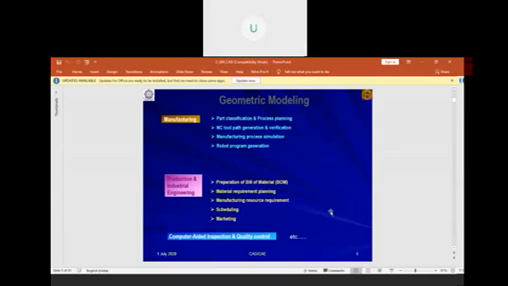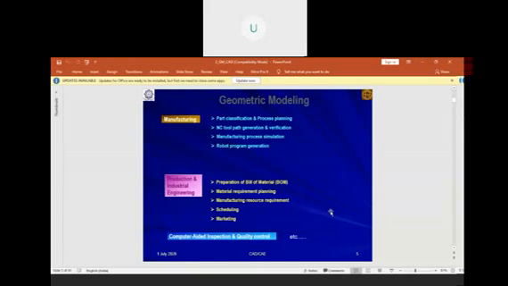So the geometric model is the most important, the very first step, and it should be correct. After that, for preparing the bill of material, material requirement planning and process planning, the geometric model is required nowadays, because every process has been automated.